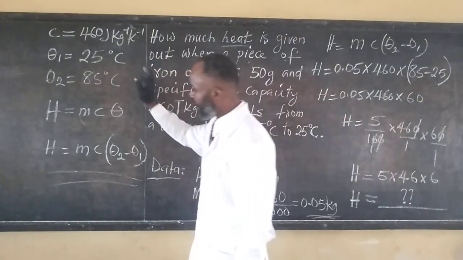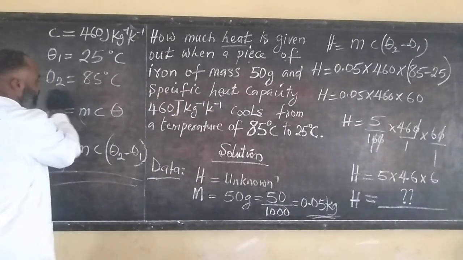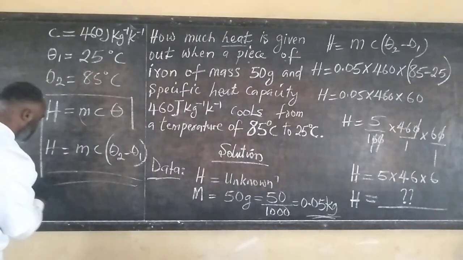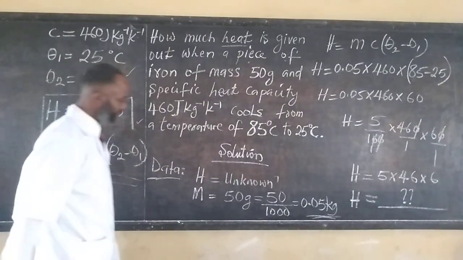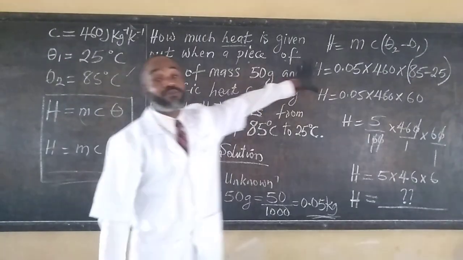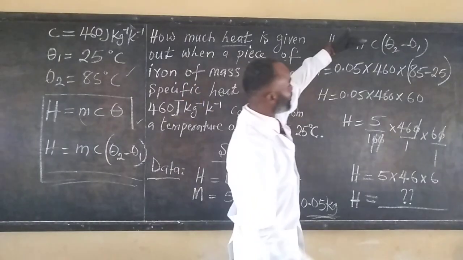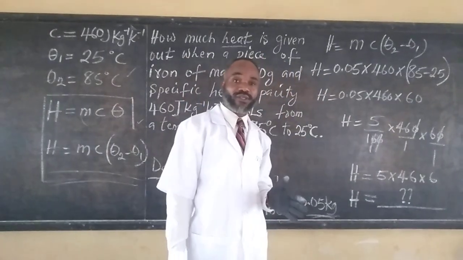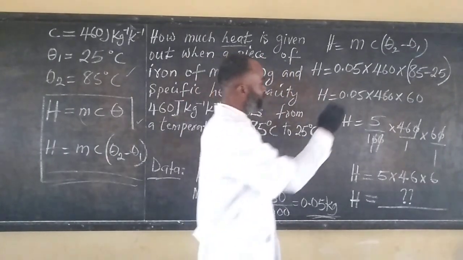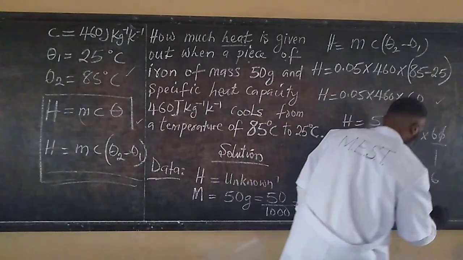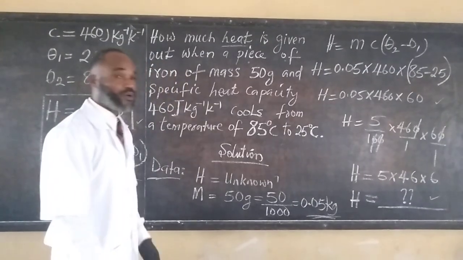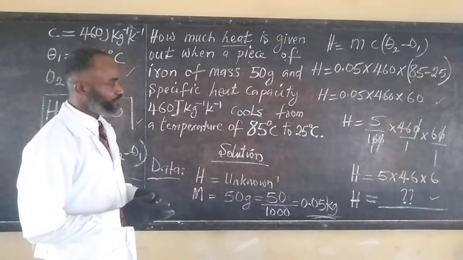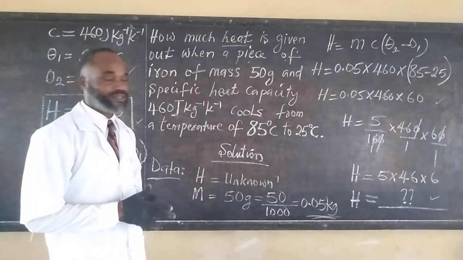Then check your data, whether accurate, and the formula which you have stated, and score you. Then check your substitutions, whether they are accurate, and score you. Then the final answer is scored.